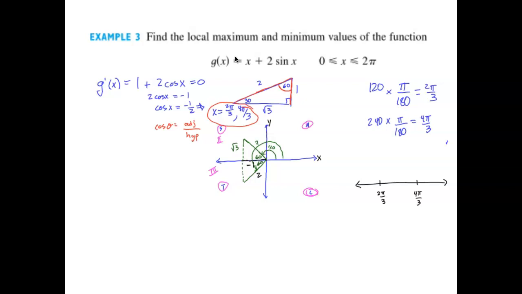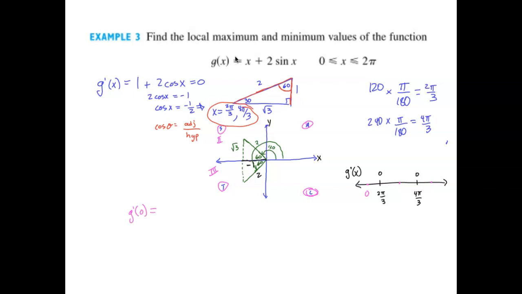What we want to look at is the values of g prime in between those critical values. So we'll just choose a value from each piece of this interval to test in g prime. So on the left-hand side, I could choose 0. What's g prime of 0?